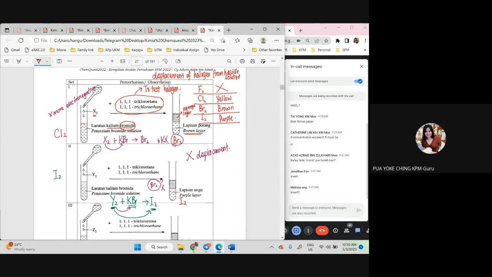Sebab kalau cikgu bagi macam ni, I2 plus KBr, dia tanya, can displace? Kalau macam ni, you're very good. You mesti boleh. I2 KBr cannot. Okay, sebab I2 di bawah. Ini dia terbalik. So, Y2 is I2 no reaction.